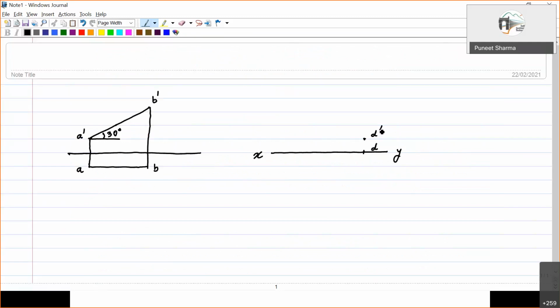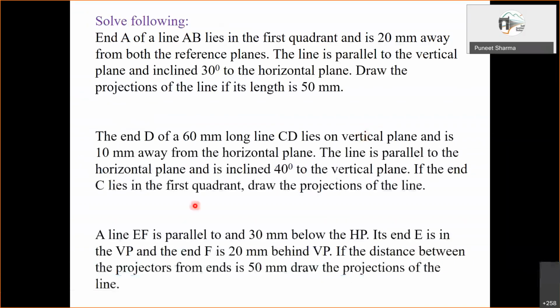So this gives us the front view. Then we have obtained D and D dash, and these will be on the same projector. I can join these two, that will mark the projector. Next, let us consider the condition that the line is inclined 40 degrees to the vertical plane. Okay, and the length of the line is 60 mm.